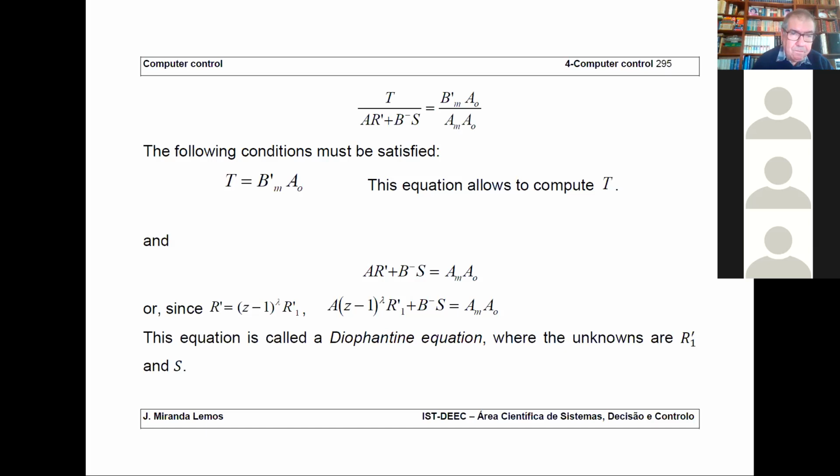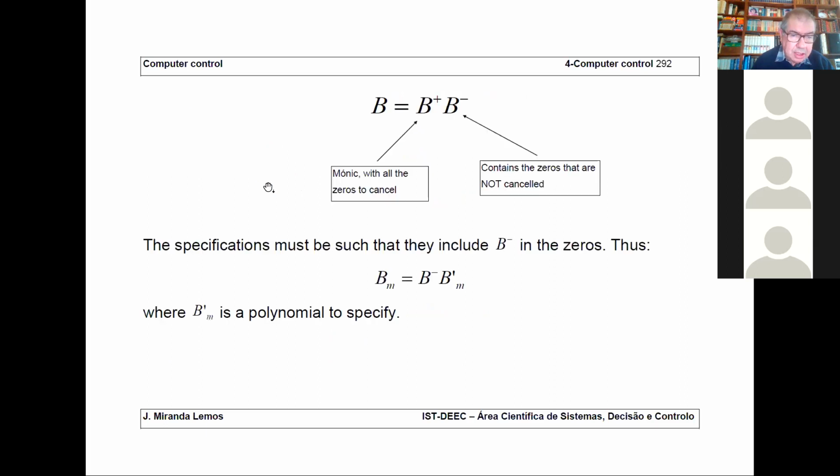Okay. Now, you see immediately that T must be B prime M AO. Okay. Remember that B prime M comes from the beginning. When you do the specifications, you specify BM, but you should be careful because BM has two parts.